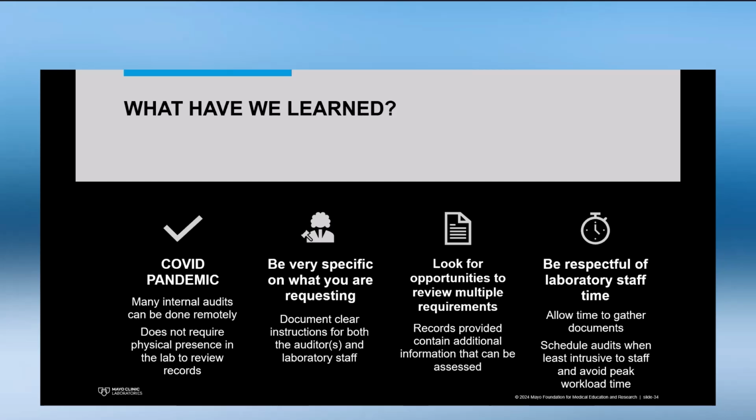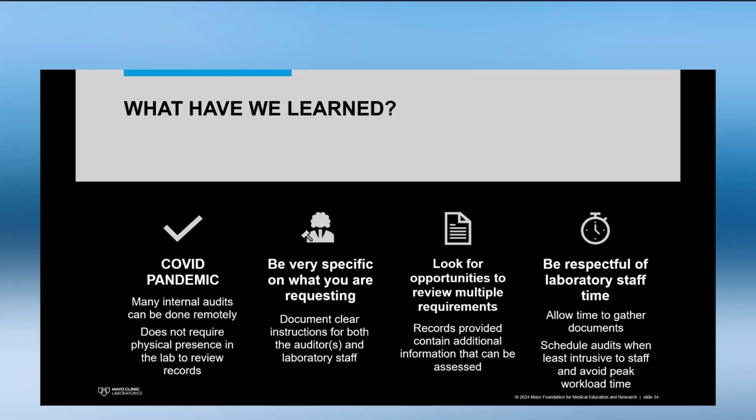So I'll give you an example. We did an audit on ungraded PT challenges. And the intent of that audit was to look at how the lab determines the acceptability of ungraded PT results and how they document this on the evaluation report.